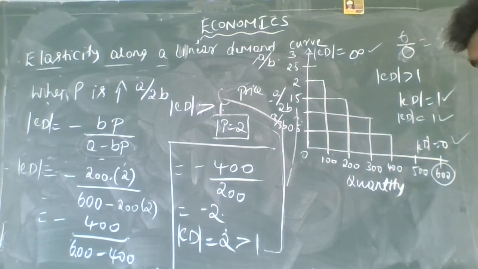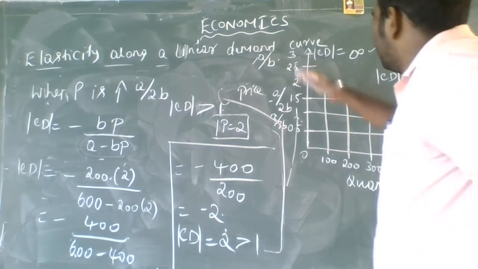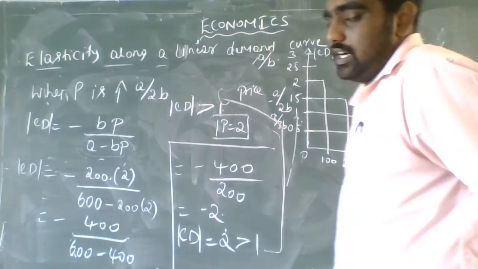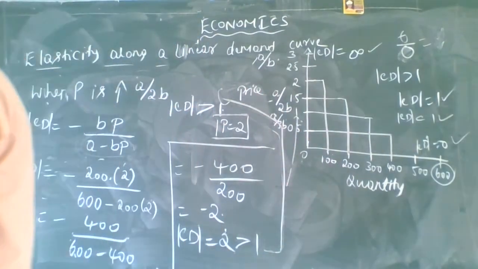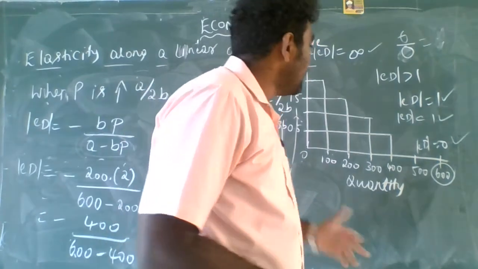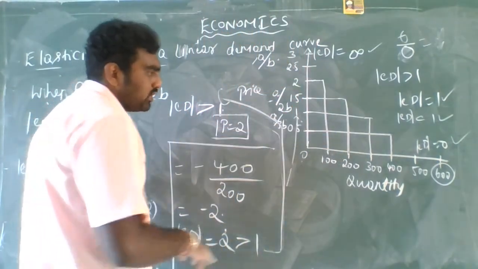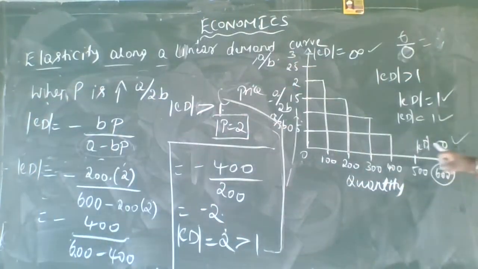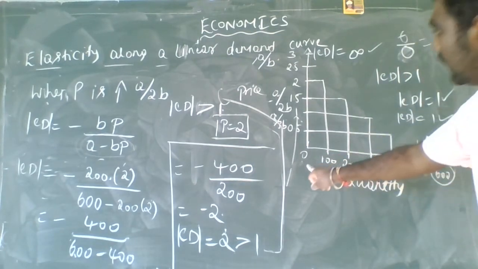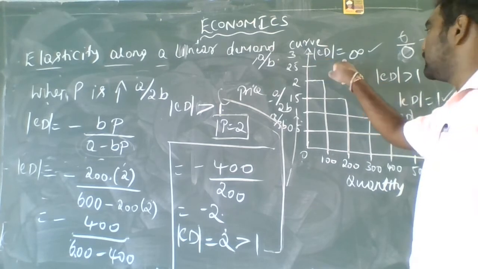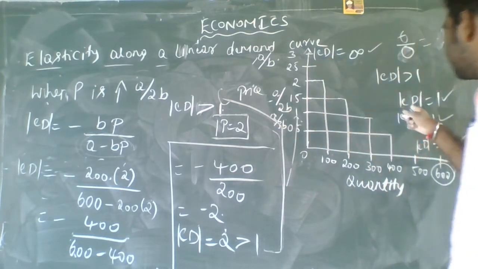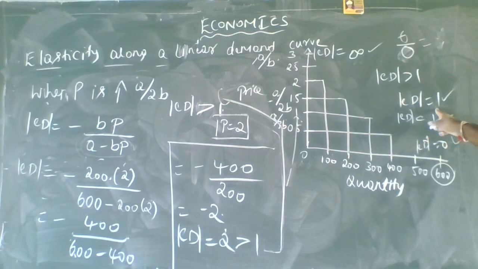Is that understood? So these are the different elasticity points along a linear demand curve. I told you the points of elasticity will be different among the different prices. We proved that when price is 0, elasticity of demand is equal to 0. When quantity is 0, elasticity of demand is infinity, and when price is A divided by 2B, elasticity of demand is equal to 1.